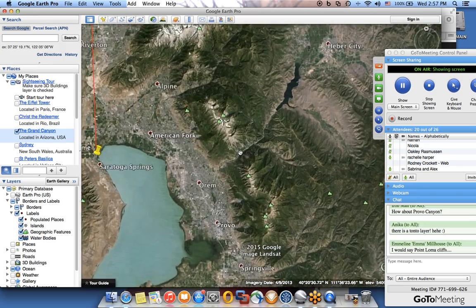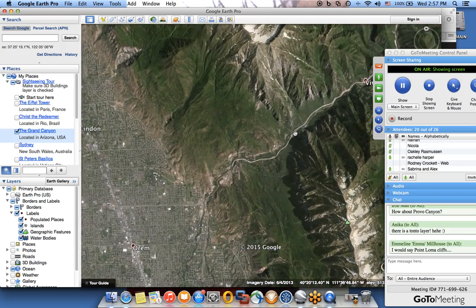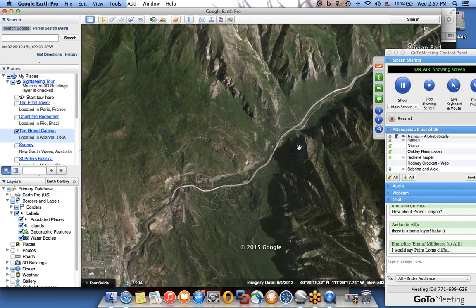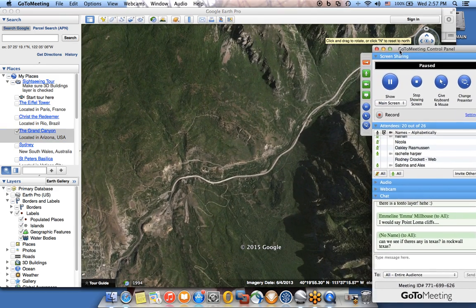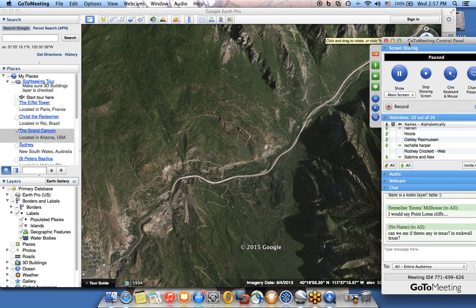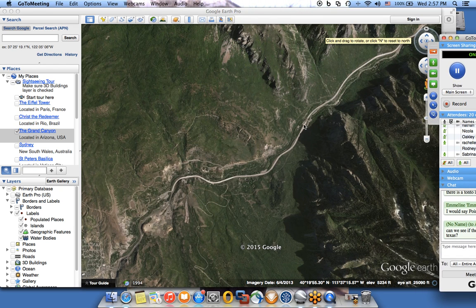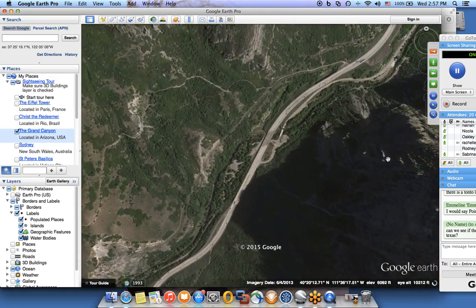So this is Provo Canyon right here. Let me move this. Yeah. Can we see if there is any in Rockwall, Texas? So in Texas also you have some formations. All right.